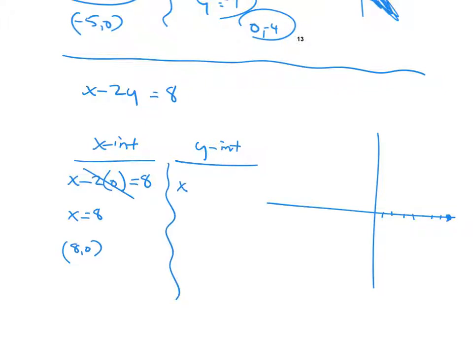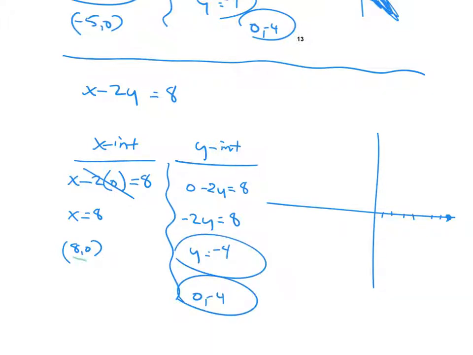And then remember we want the y-intercept, so 0 for x: 0 minus 2y equals 8. So negative 2y equals 8. Divide by negative 2, you're going to get negative 4. So (0, negative 4), those would be your intercepts.